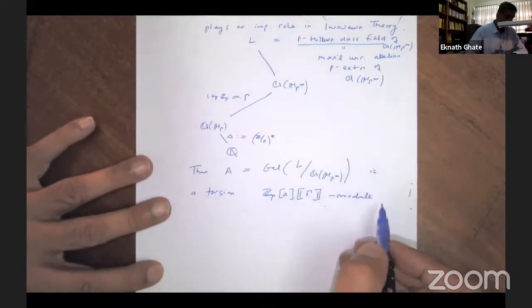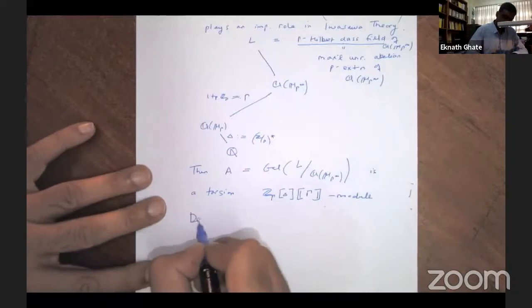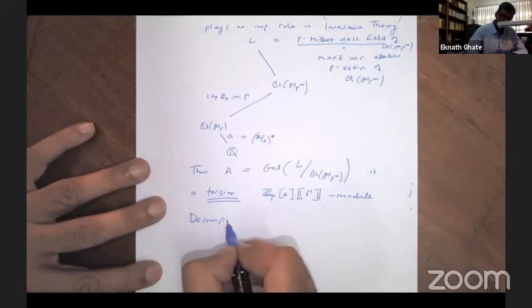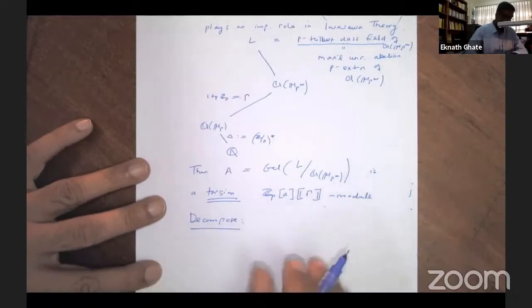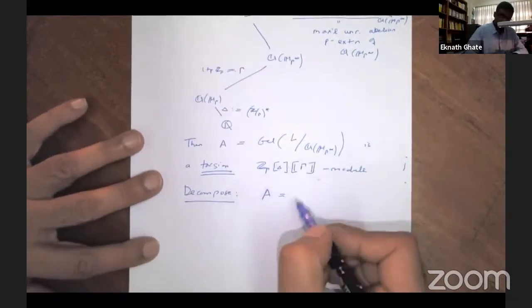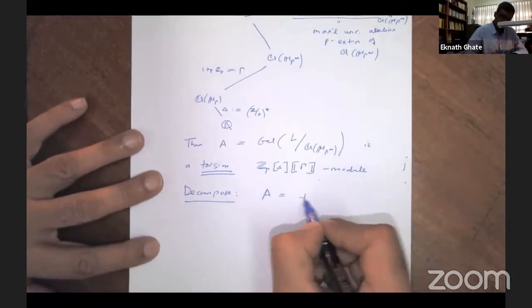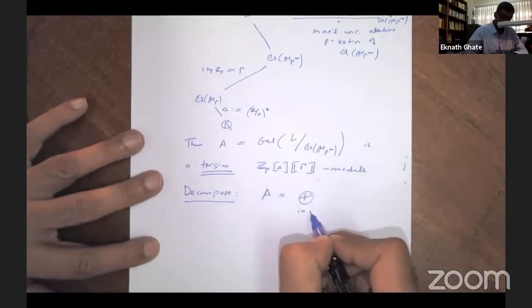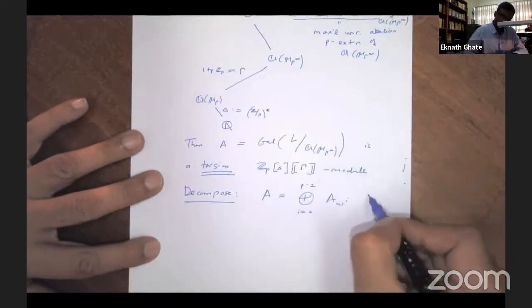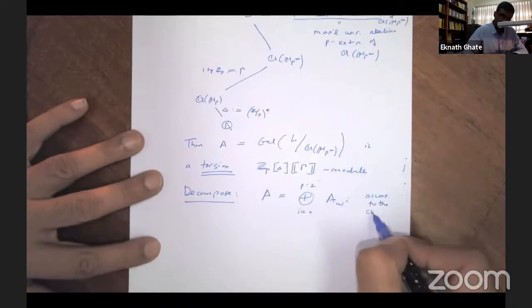Okay. So it's torsion. This is the important thing. Decompose A according to the characters of delta. So those are basically omegas and powers of omega, according to the complete list of the characters of delta.